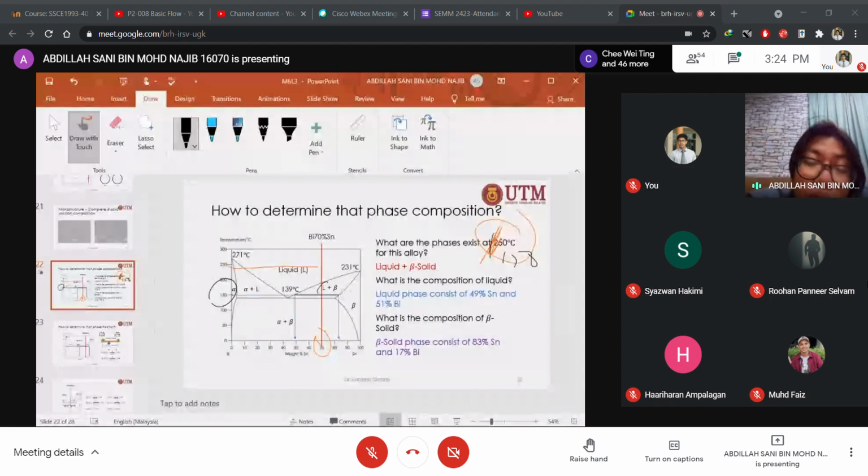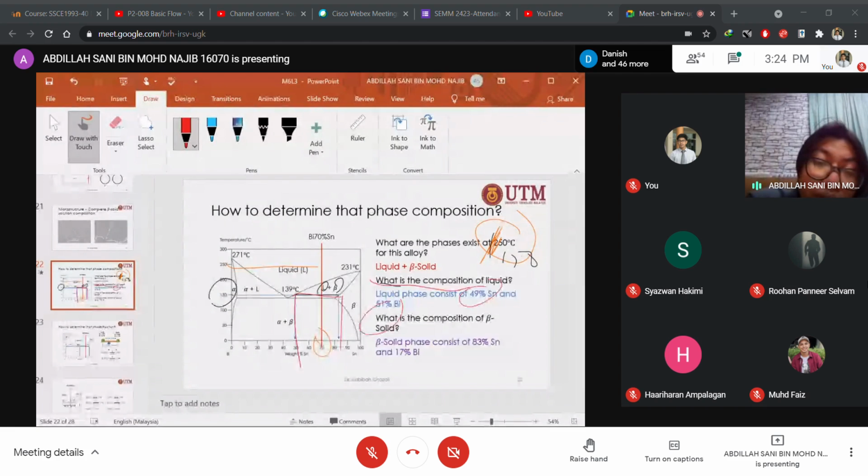And what is the composition of the liquid? To get the composition, we draw a tie line here, right? And then we expand this one, and then we have the composition.